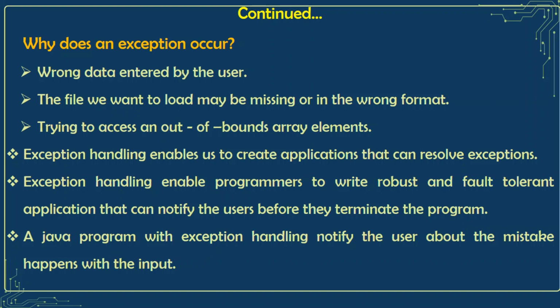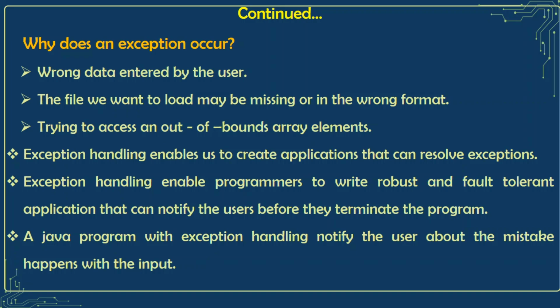So exception handling enables us to create applications that can resolve the exception. The main thing we have to understand right here is that we're not going to eliminate the exception, but we're going to rationally handle it. We cannot eliminate exceptions, but we can rationally handle them.